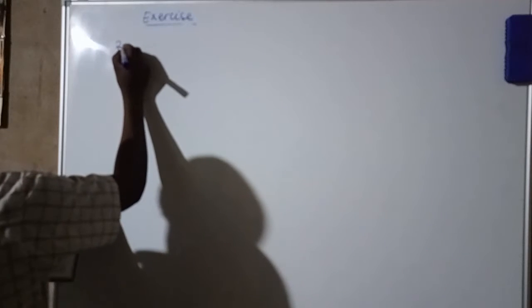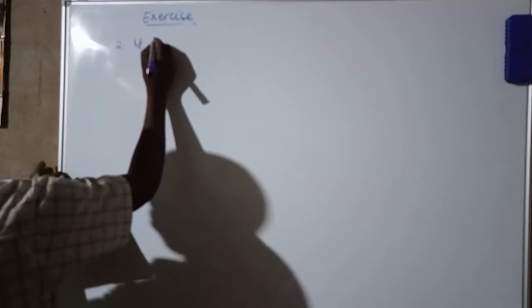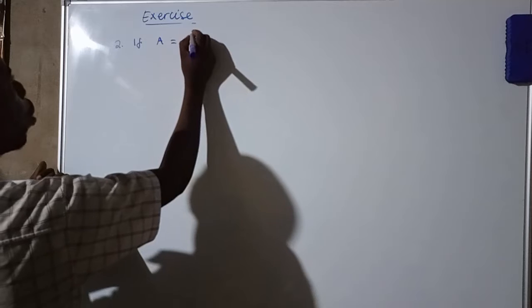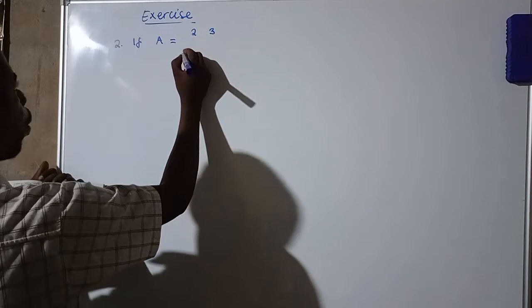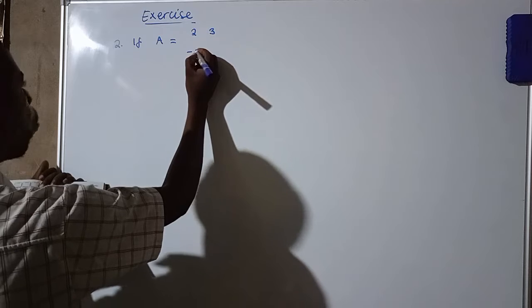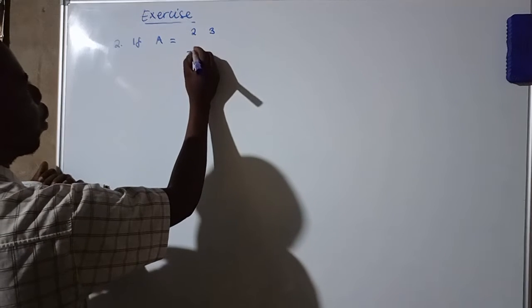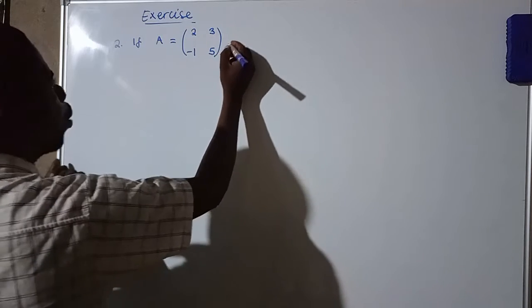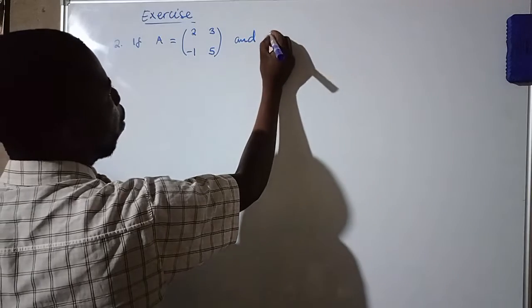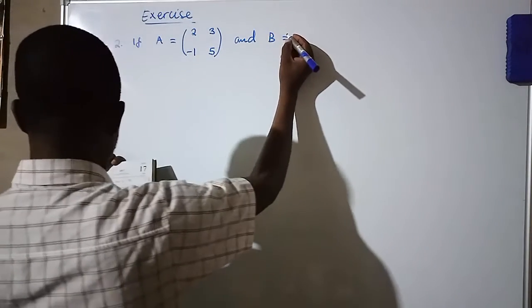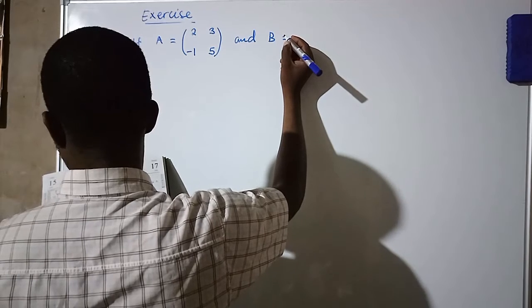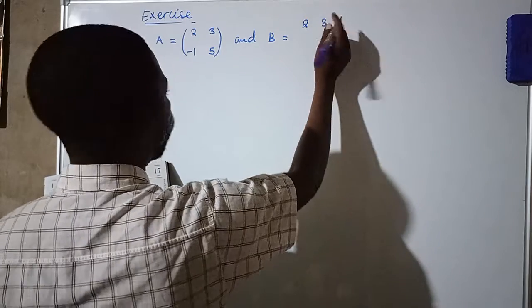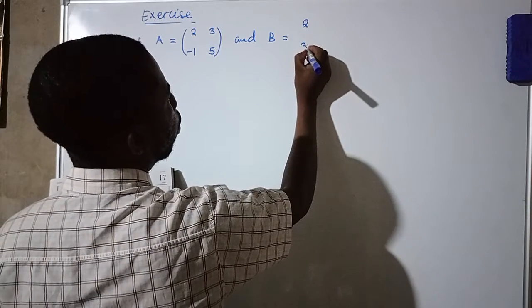So two says if A is equal to 2, 3, then negative 5 or negative 1, negative 1, 5, like that. Then B is equal to 2, 3. Like this, 2, 3, like that.